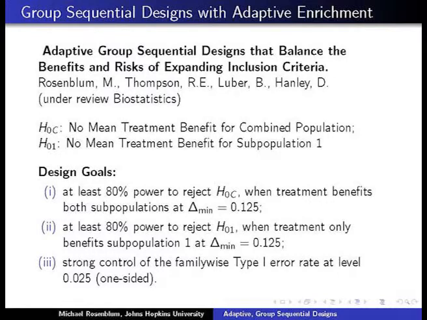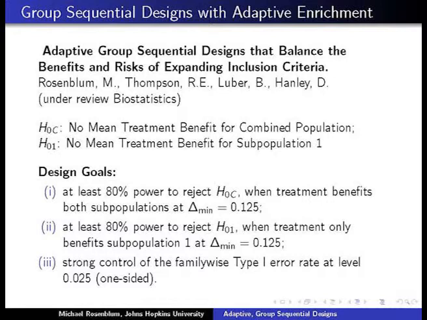There are 3 design goals. The first goal is to have at least 80% power to reject the combined population null hypothesis when the treatment effect is positive. We said a 12.5% increase in the proportion of people who have a successful outcome, on an absolute difference. Around 20 to 25% have a successful outcome under current standard of care, and we'd like to get that up at least 12.5%.